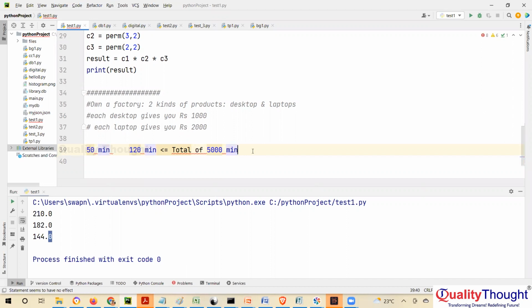Then you have component devices. Let's say there is a motherboard. It will not be the case, but just to show you how the constraint would be, let's say a desktop uses only one motherboard, and a laptop uses two motherboards, and you have a total of 1,000 motherboards.